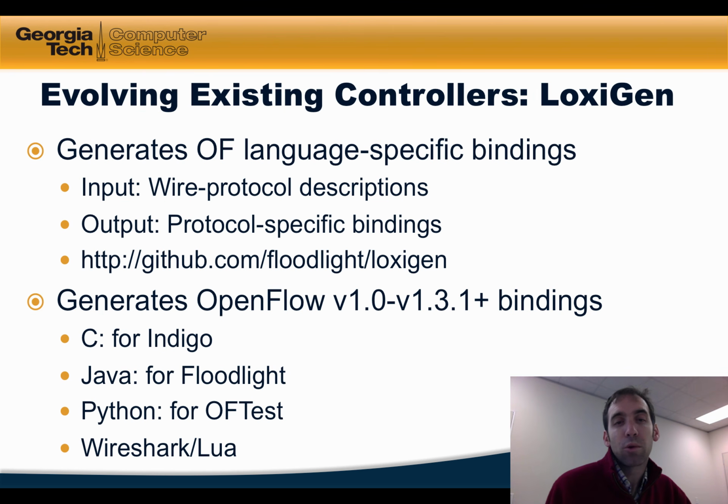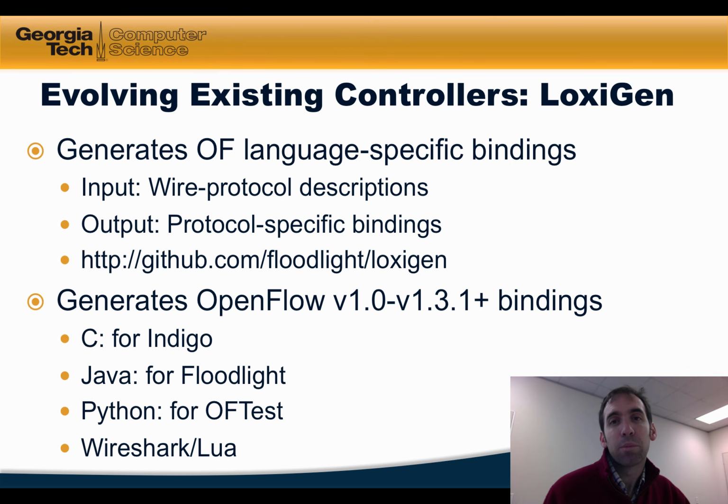It's worth mentioning a library under development called LOXIGEN, which actually generates OpenFlow language-specific bindings for different controllers. The idea is that one could provide a wire protocol description of a control protocol, and the output would be protocol-specific bindings in different languages. LOXIGEN currently generates OpenFlow version 1.0 to 1.3 bindings in C for Indigo, in Java for Floodlight, in Python for OFTest, and it also generates a binding for Wireshark and Lua.